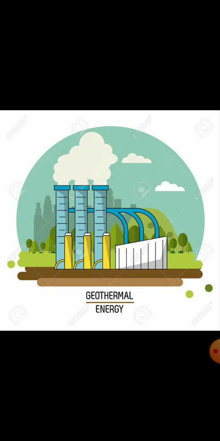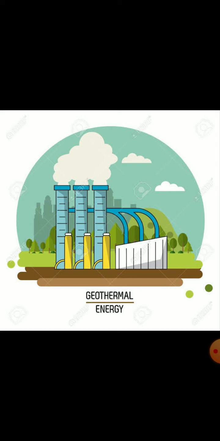These regions are called hot spots. What are hot springs? When underground water comes in contact with hot spots, steam is generated, and sometimes this steam will find an outlet at the surface, and these outlets are called hot springs.